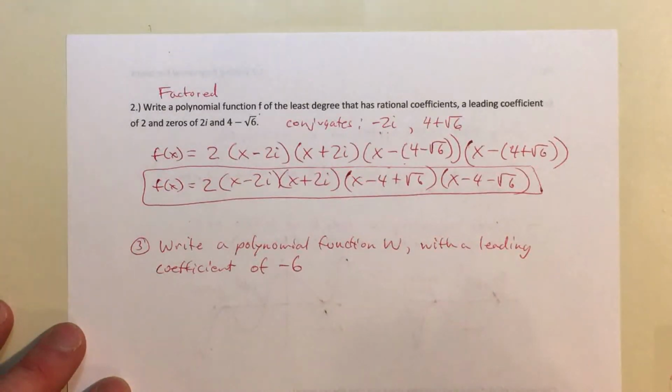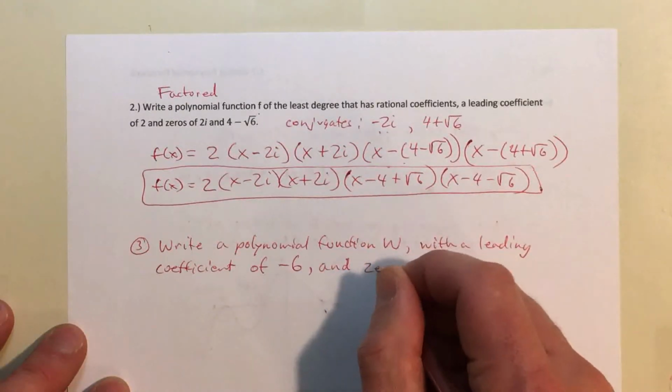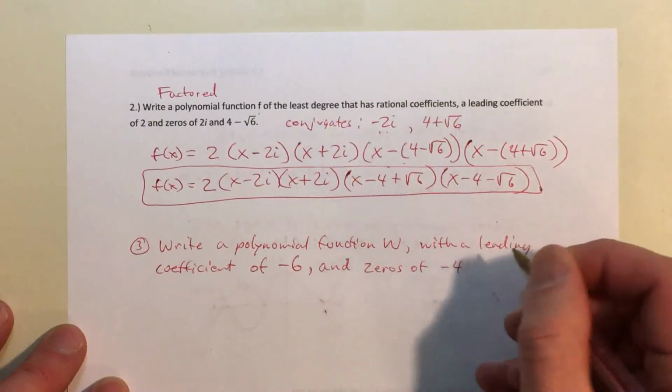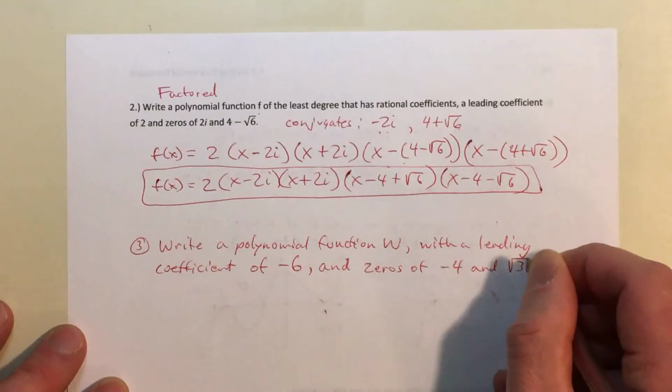Normally it's 1, just a heads up. And zeros of -4 and square root 31.